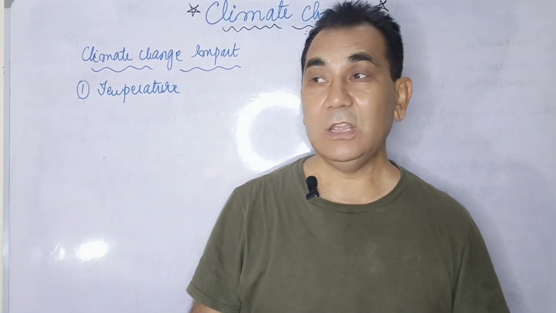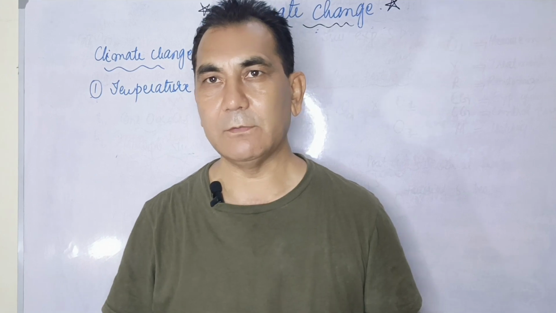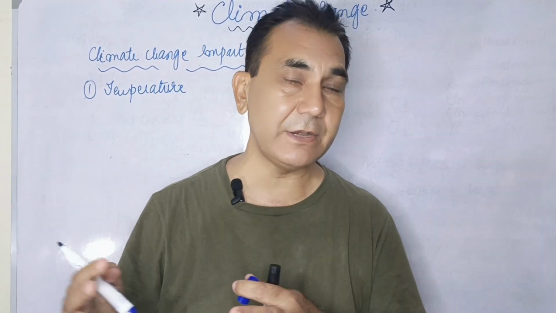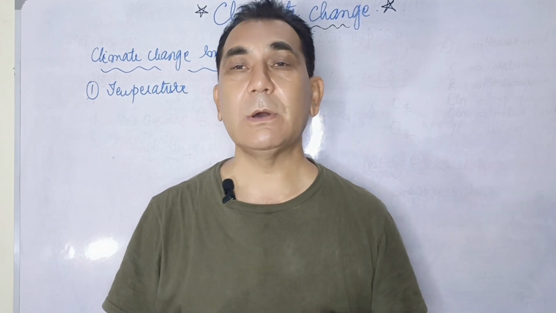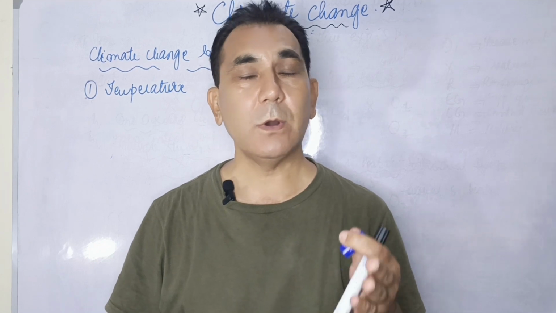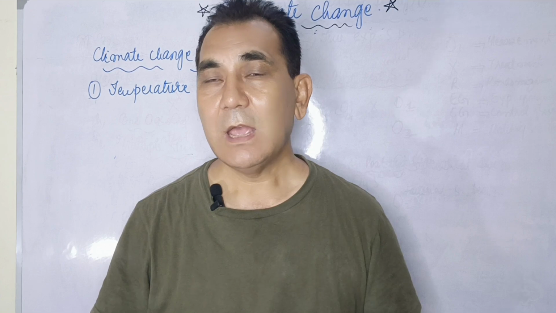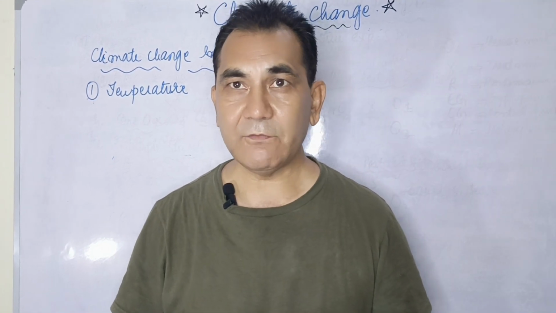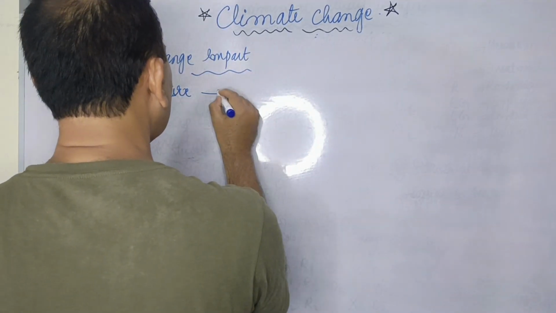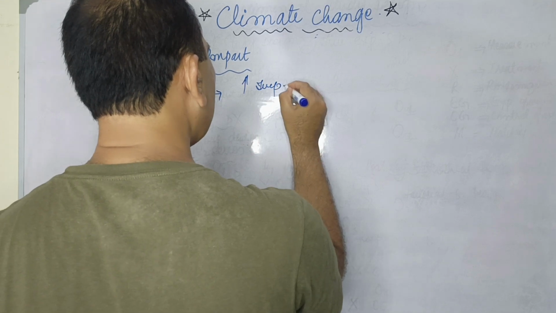The temperatures all over the world at the global level: since the 19th century, the global temperature has increased by 1 to 1.2 or 1.5 centigrade, which is equivalent to 2 to 3 Fahrenheit. So the first one is the global temperature.